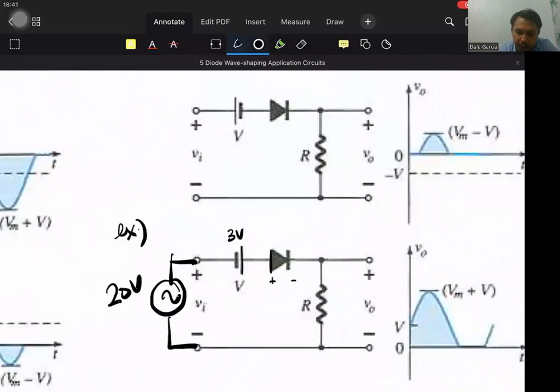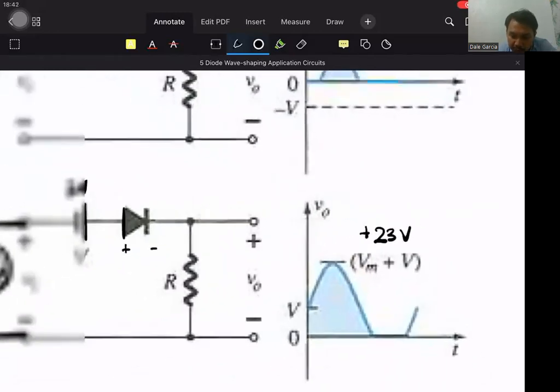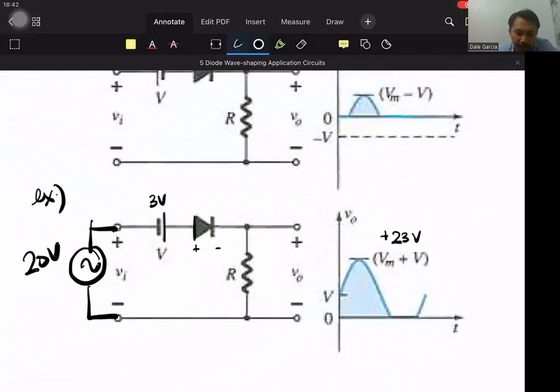So we'd expect in the output that the maximum value in the positive half cycle is positive 23 volts, so that is VM plus B. In the negative half cycle, it is 0. So we just follow the recipes, so to speak.